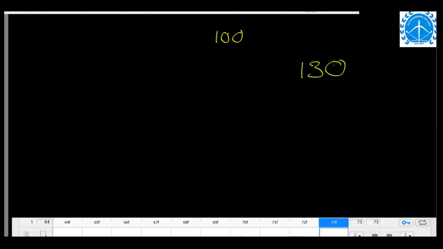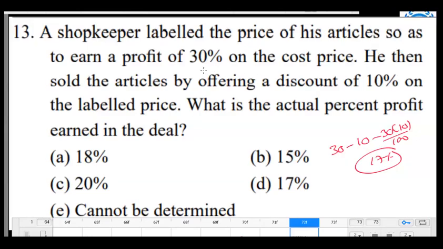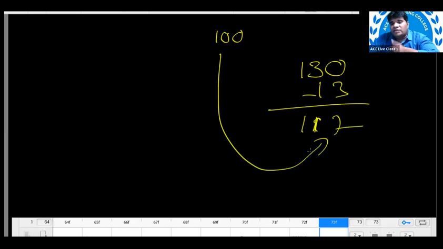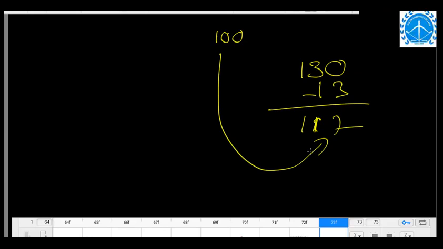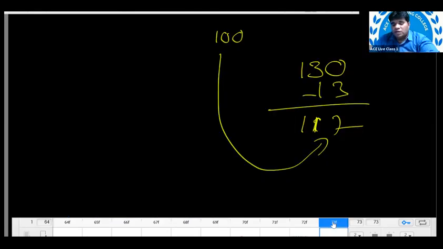After that, 10% discount. What is the 10% value? 13. So what is the answer? 117. Compare with 100. Profit or loss? Profit. So how much? 17. Previous also 17.